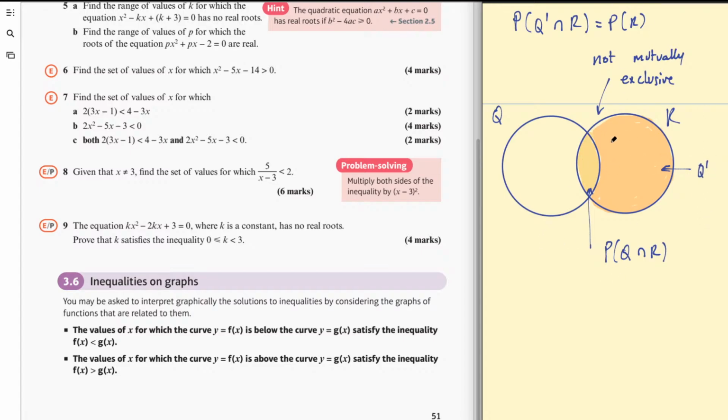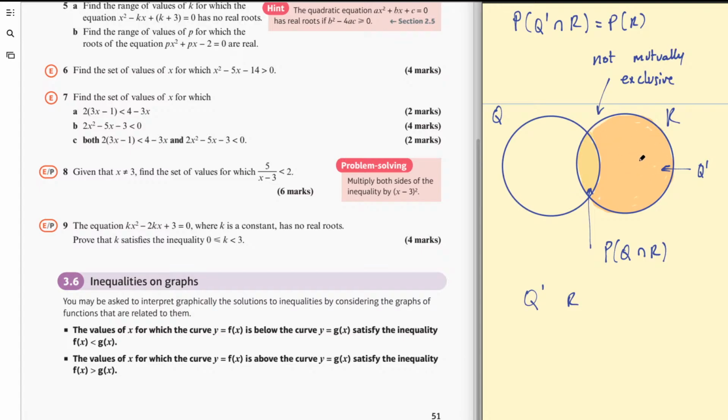So if the complement of Q equals R, actually let's do it the other way. You can see from this diagram the complement of Q is clearly less than the set of R, right?